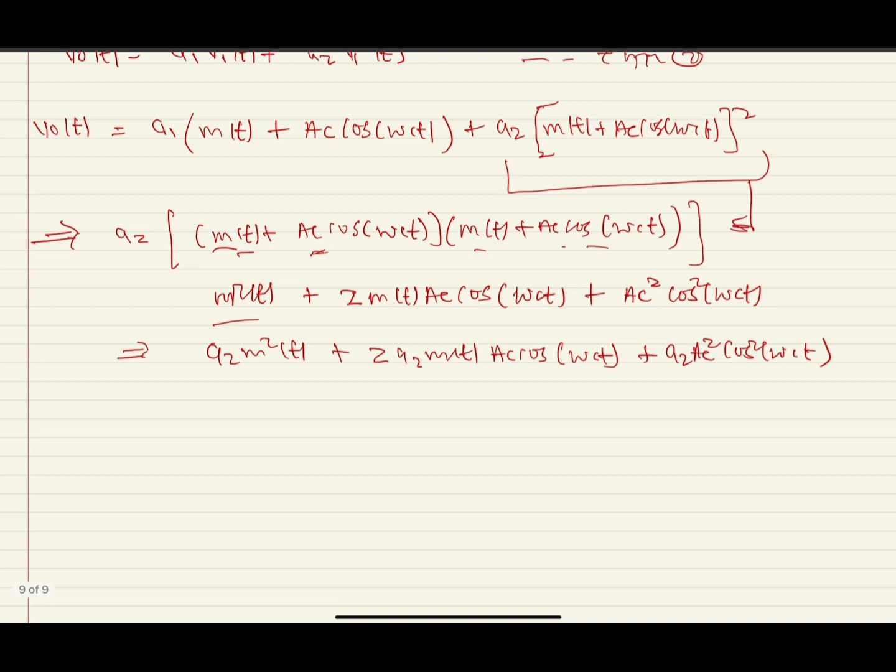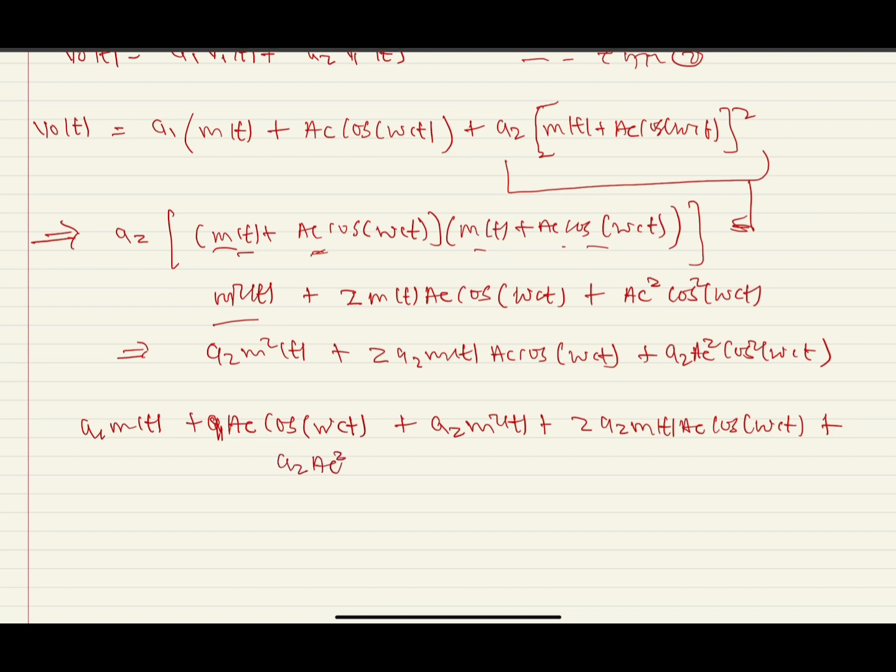Expanding the left hand side as well, we are going to get A1 M of t plus A1 A_c cos omega_c t plus A2 M squared of t plus 2 A2 M of t A_c cos omega_c t plus A2 A_c squared cos squared omega_c t.